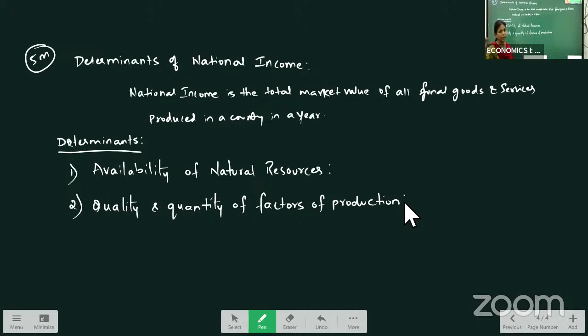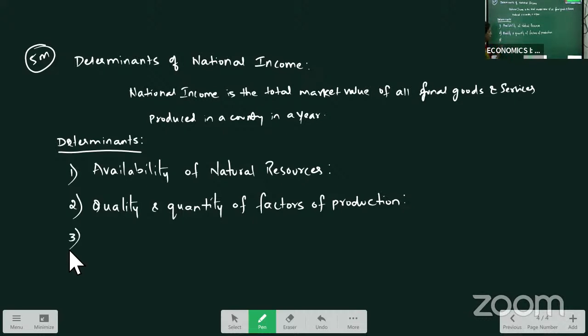So automatically national income increases. If we use more quantity of capital, more investments we do, output increases, again our national income increases, means our national income is influenced by quality and quantity of factors of production. So the national income of a country is affected by quantity and quality of the factors, right? So that way, this is also a determining factor for our national income.